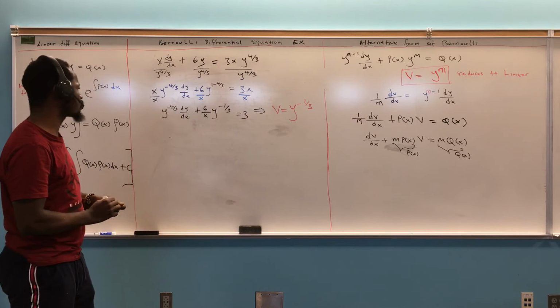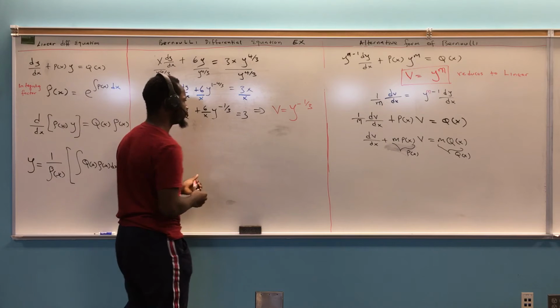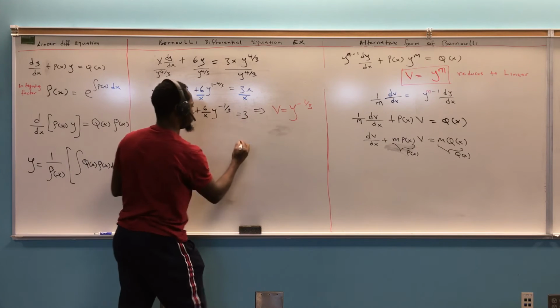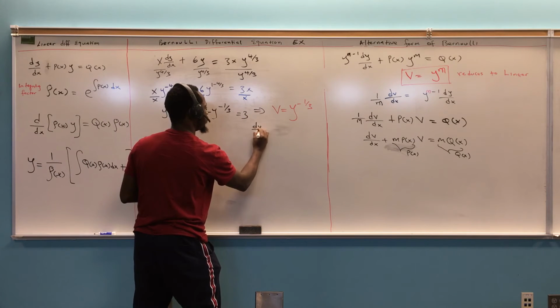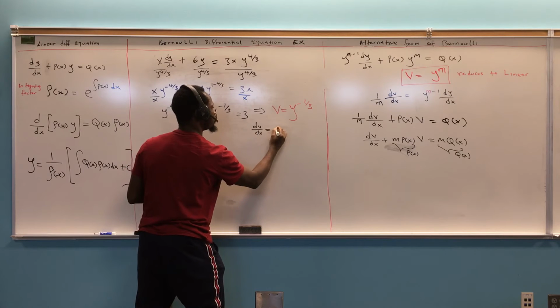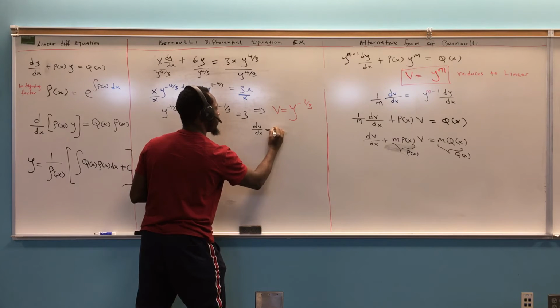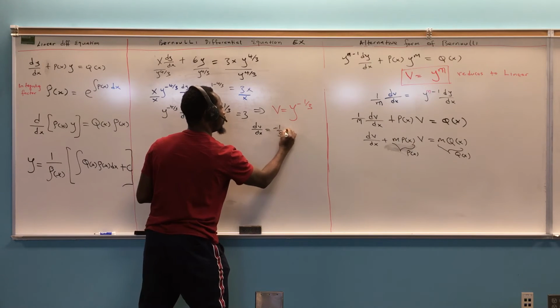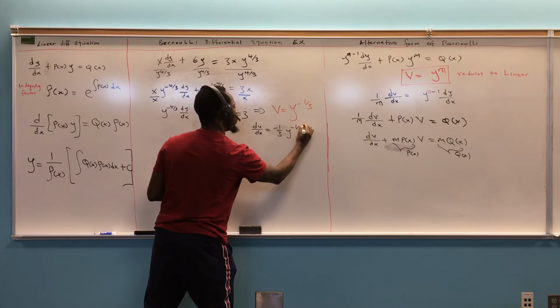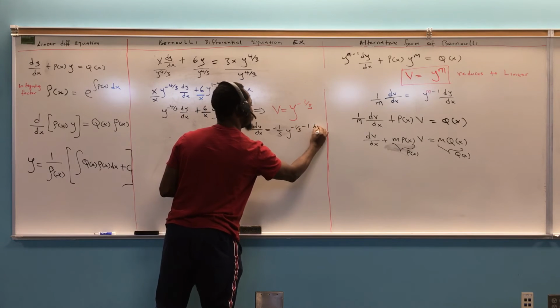Let's see how successful that will be. So let's differentiate this. We have dv/dx is equal to the exponent comes down and we reduce it by 1.